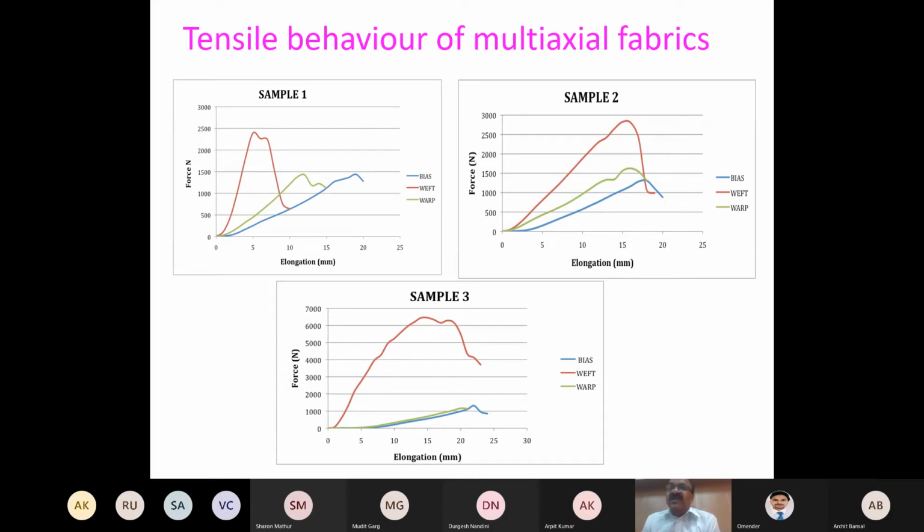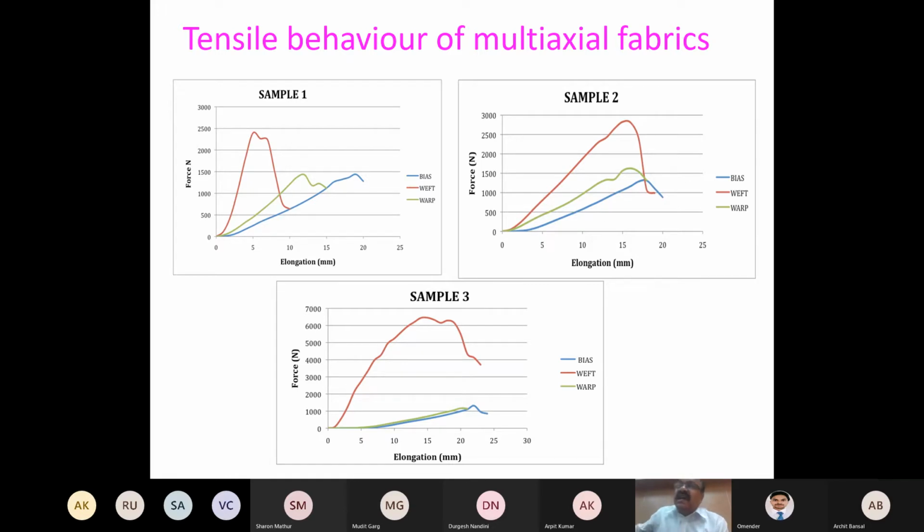Whereas, as you can see here, there is no such decrimping zone. Right from the origin, the curve goes straight up. This shows the complete absence of crimp in the yarn. Hence, the modulus can be increased depending on what kind of yarn we are using to make this fabric.